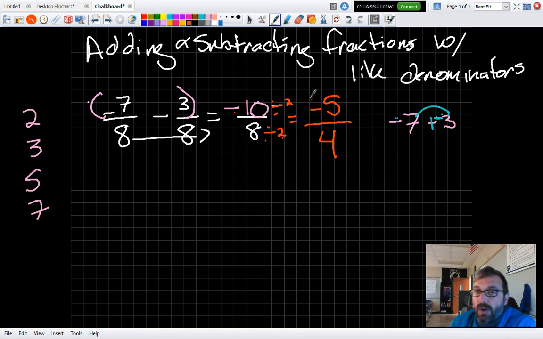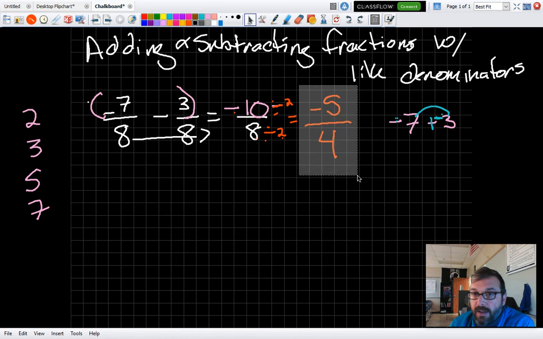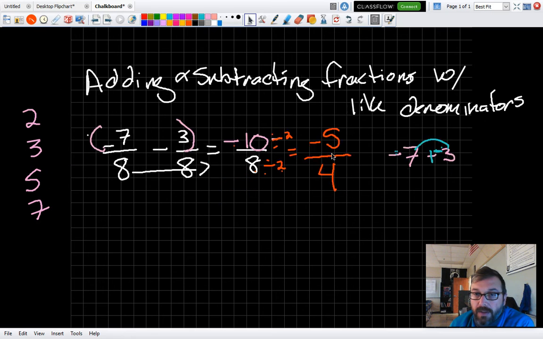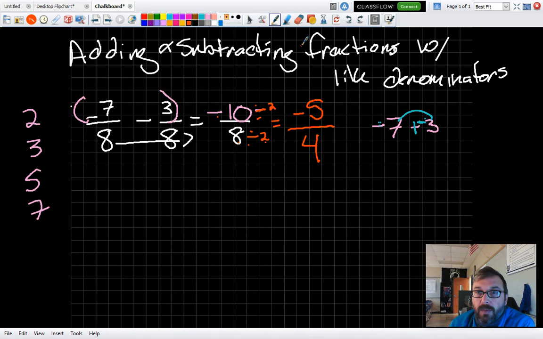Now, this is almost there. Let me rewrite this: negative 5 over 4. Can I simplify that even more?